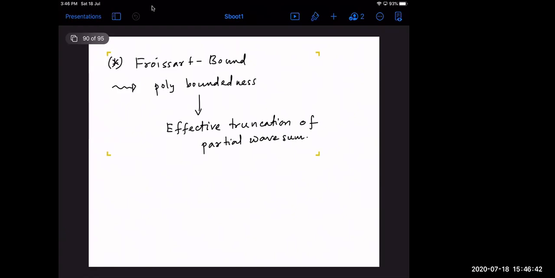Due to this polynomial boundedness, you can effectively truncate the partial wave sum of the imaginary part of the amplitude to a particular L max value. So the sum from L equal to 0 to infinity can be replaced by L equal to 0 to L max.